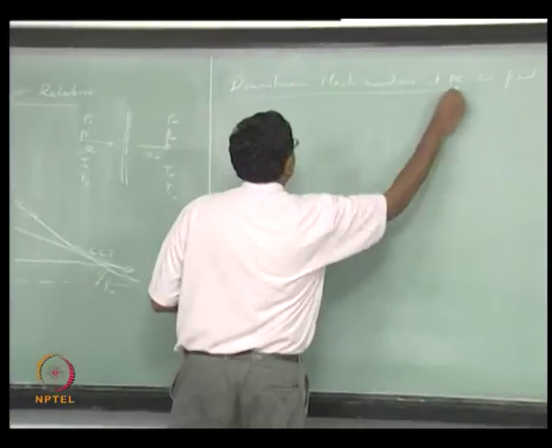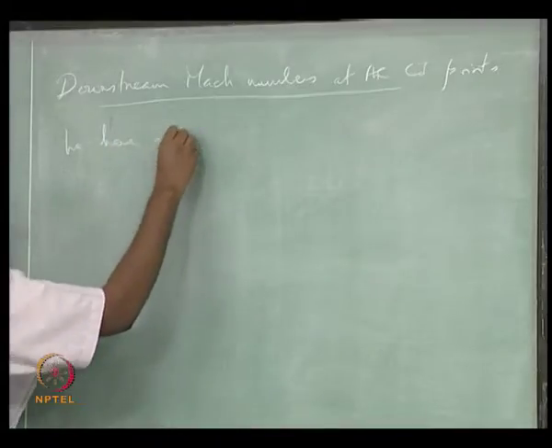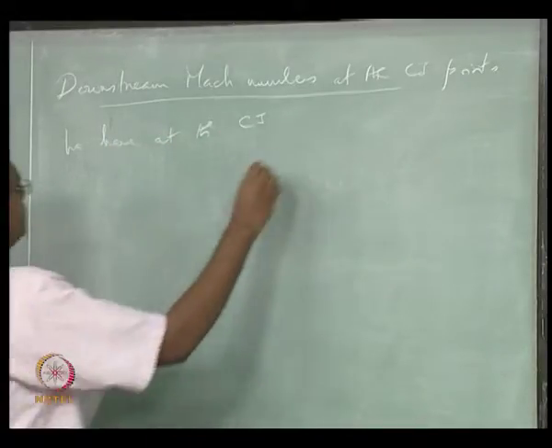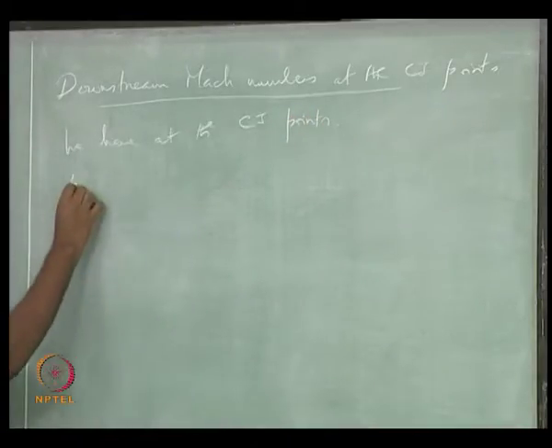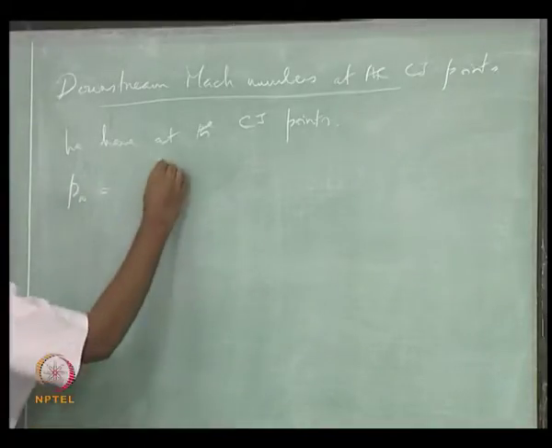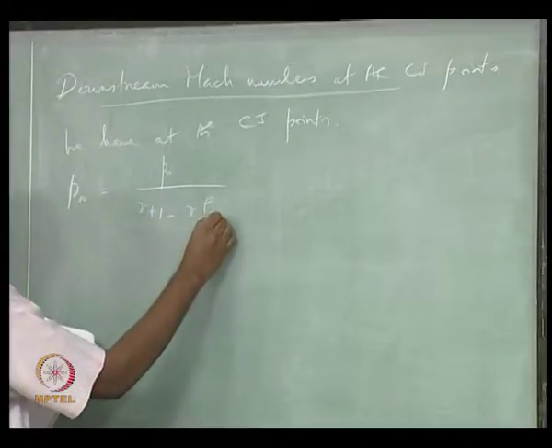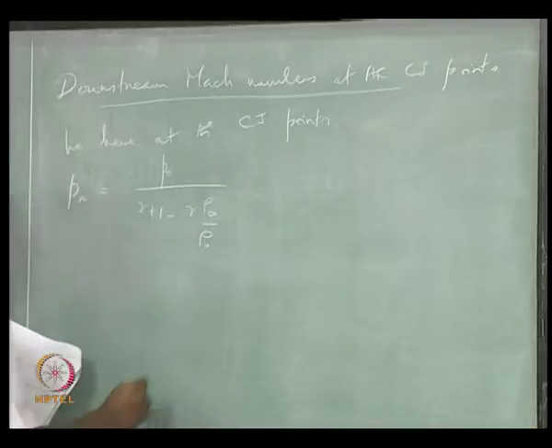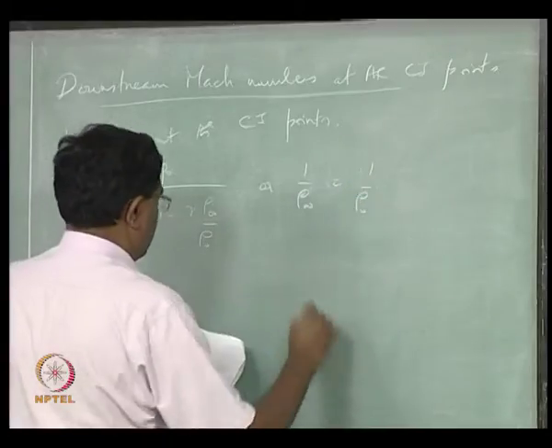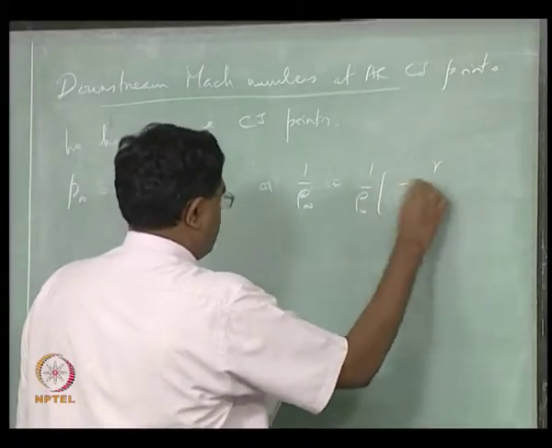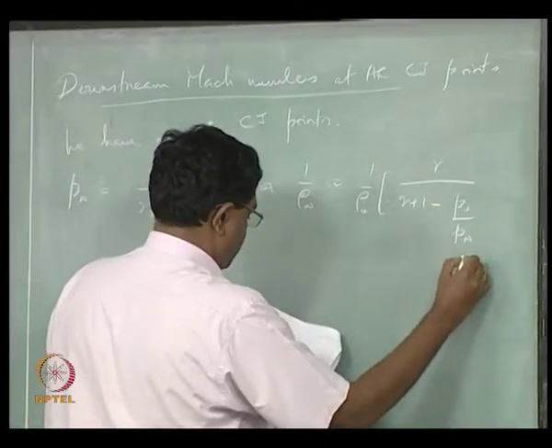But we can do something different here. We have at the Cj points P infinity equal to P naught divided by gamma plus 1 minus gamma rho infinity divided by rho naught, or 1 over rho infinity equal to 1 over rho naught times gamma divided by gamma plus 1 minus P naught divided by P infinity.